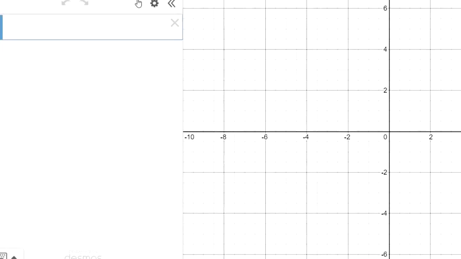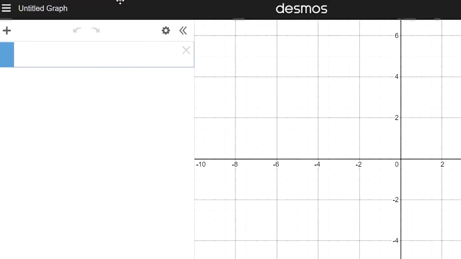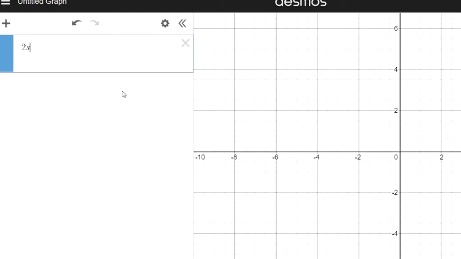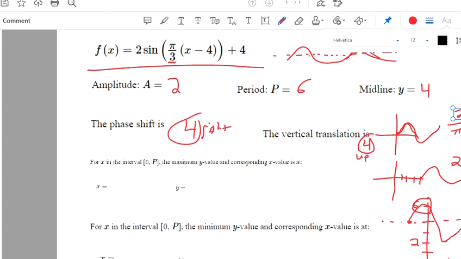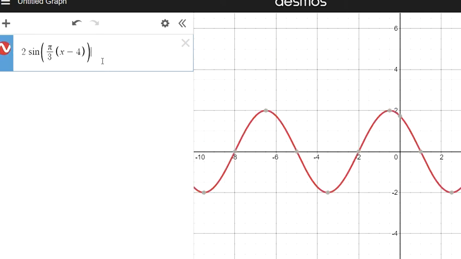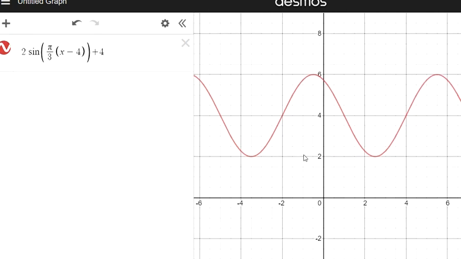But you could go to this website called desmos.com/calculator. Type in the function we have, 2 sine of pi over 3 times x minus 4, plus 4. And that gives us our graph.